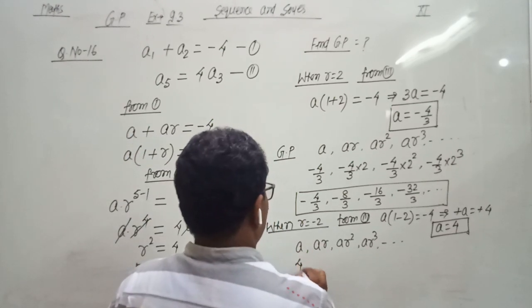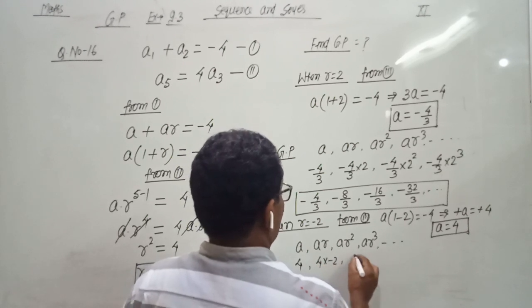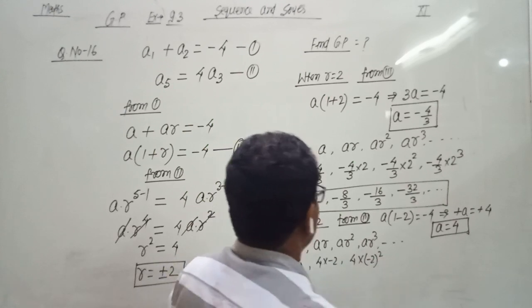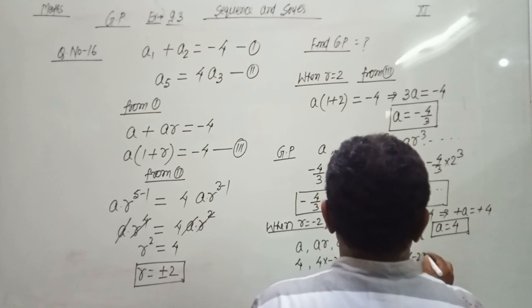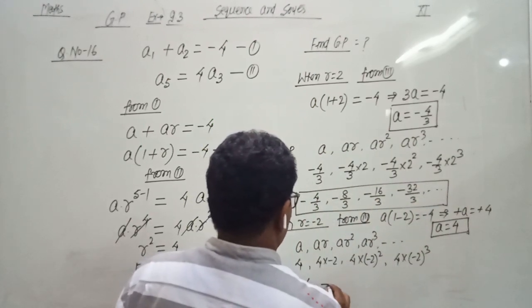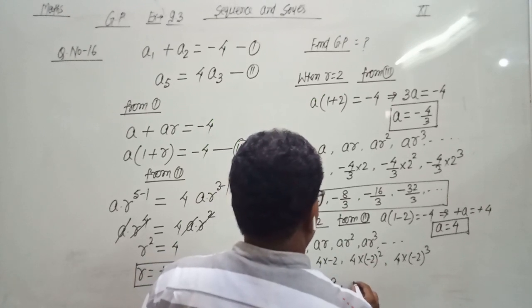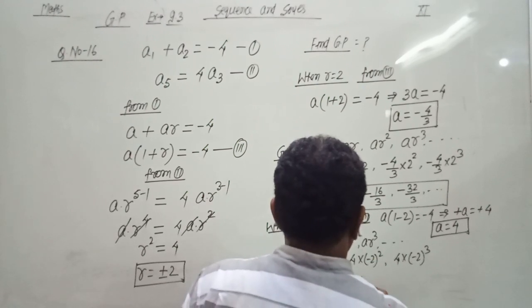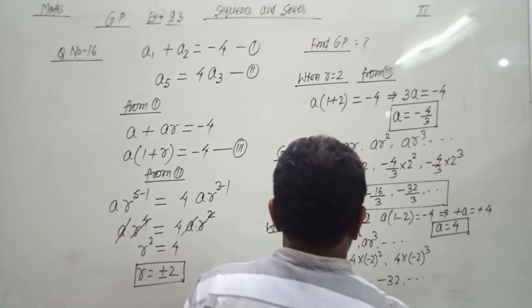So the value of a is 4, a into r is 4 into minus 2, 4 into minus 2 the whole square, then 4 into minus 2 the whole cube. So we get the GP 4, minus 8, plus 4 into 4 is 16, then minus 32, and so on.